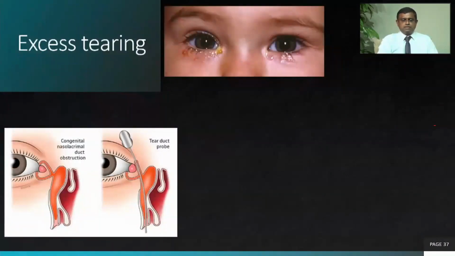Excess tearing in a child. So if the eye is white like this, it is not conjunctivitis. Typically they present during their neonatal period or infancy, before the first year, with a white eye, but there is a purulent-like discharge. It is not purulent, it is only mucoid discharge. And so it is due to nasolacrimal duct obstruction.